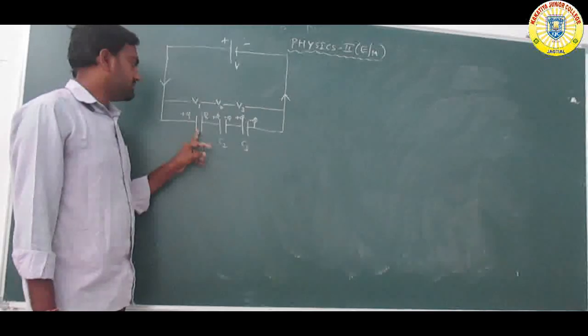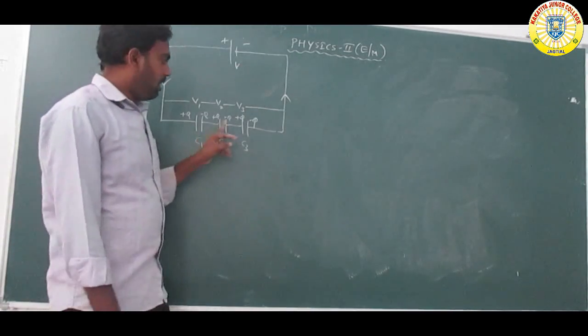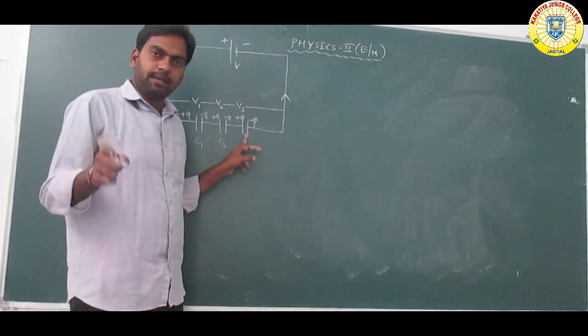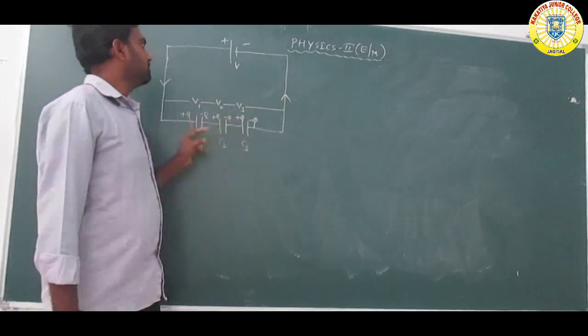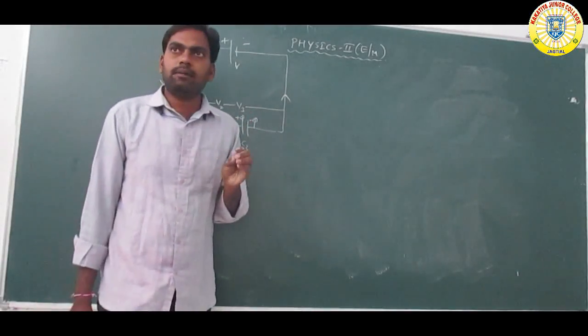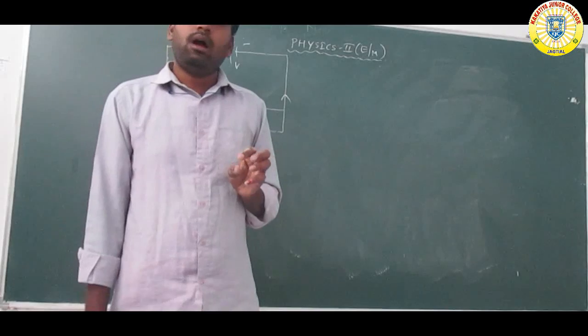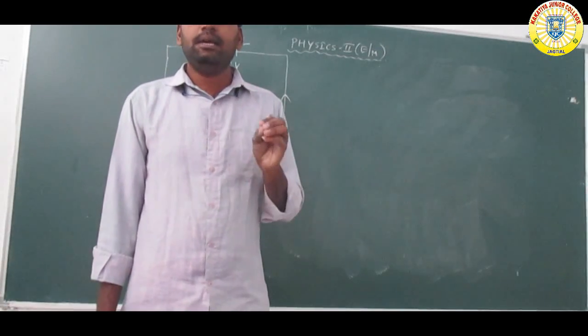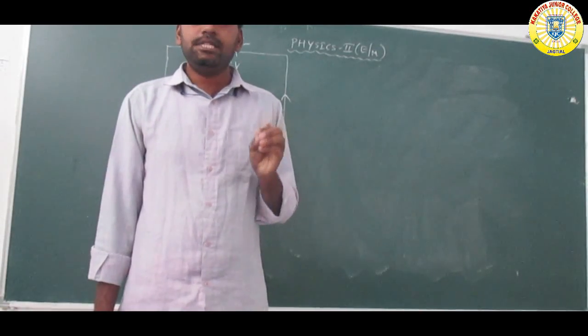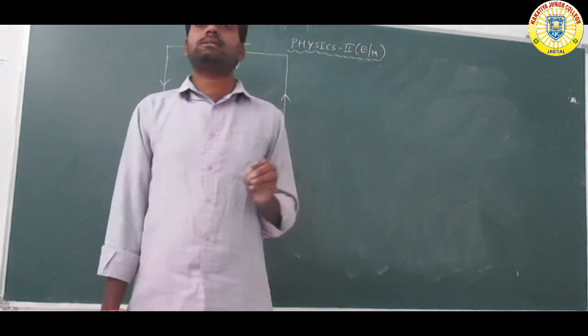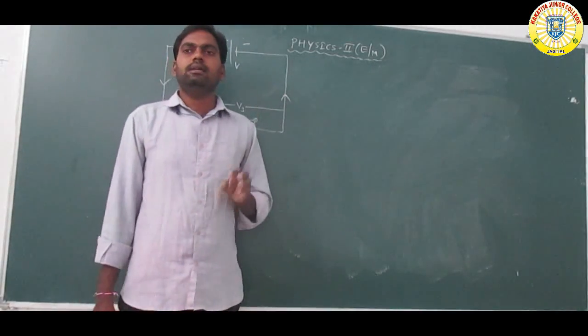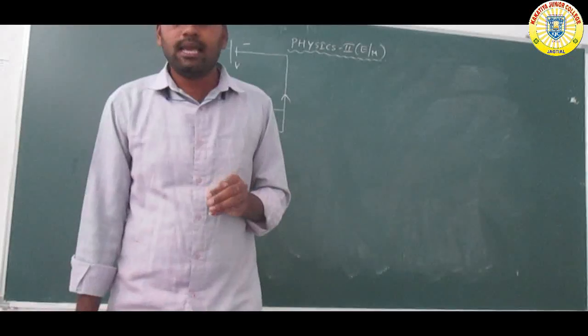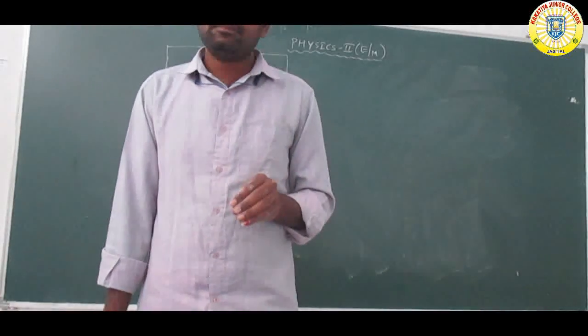The first plate of the first capacitor and the second plate of the last capacitor are connected to the opposite terminals of the battery. That arrangement is called a series combination.